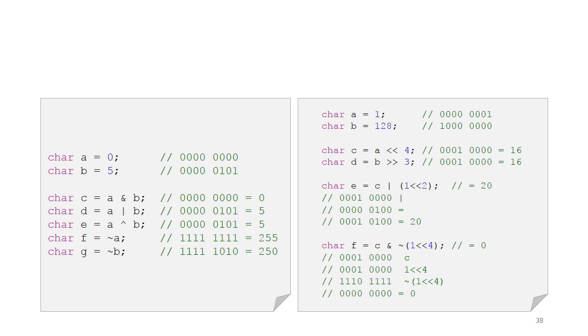This one here is how we clear a bit. So again, we'll start with C. This top line represents C, and the second line represents this 1 shifted left by 4 places. So I have 1, 2, 3, 4. Now we're going to do the bitwise NOT. So we invert each one of those bits.